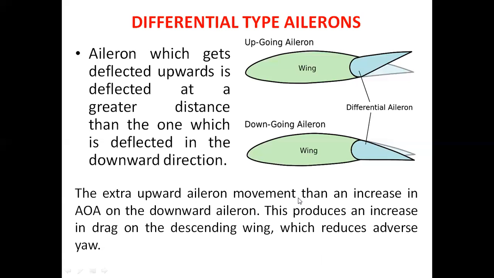Now the drags are getting equalized, whereas due to variation of drag, the adverse yaw situation generally arises. This is minimized by equalizing the drag on the left and right sides of the wing.